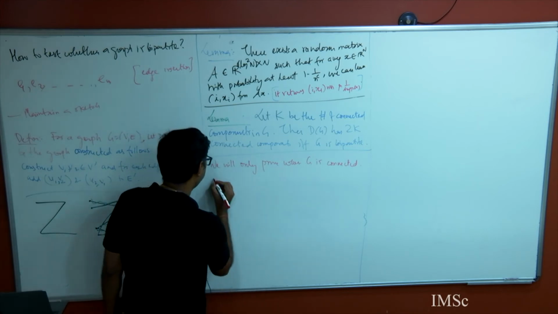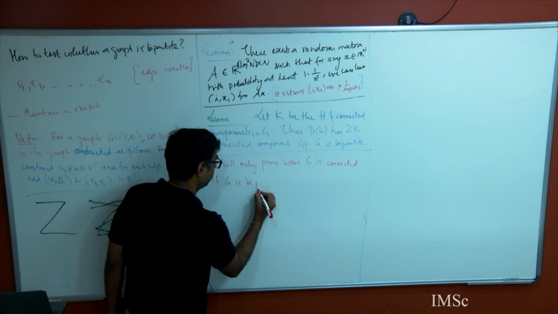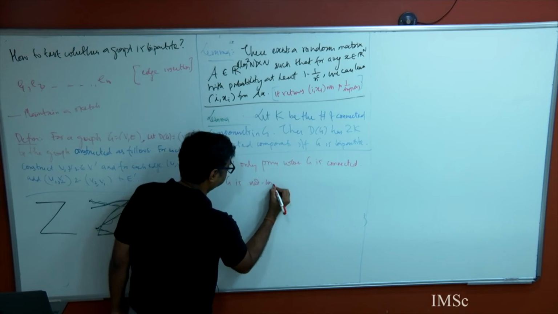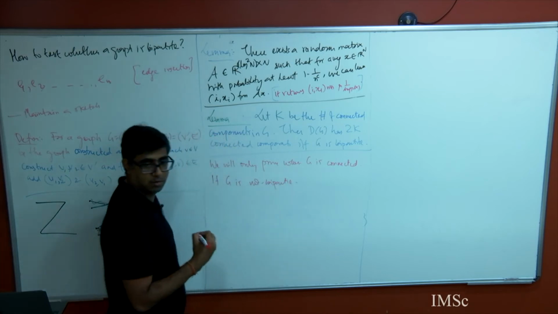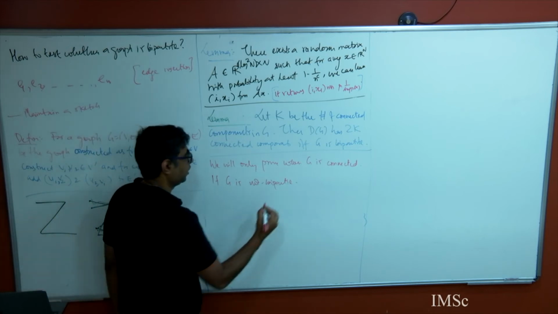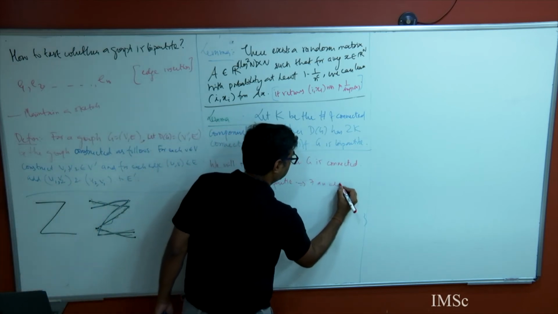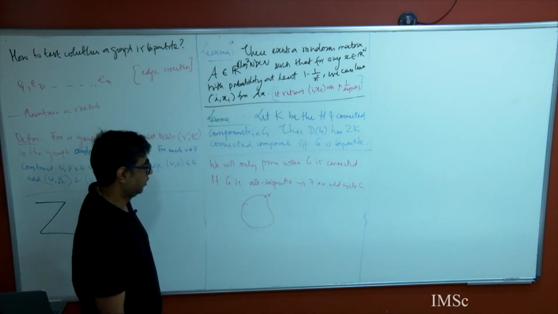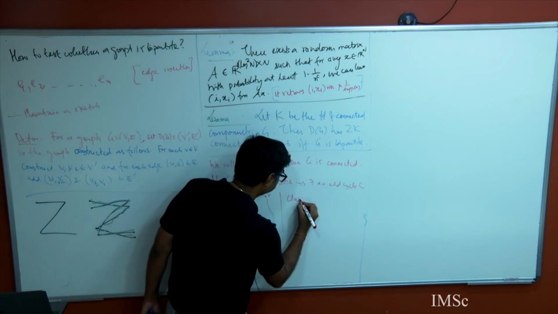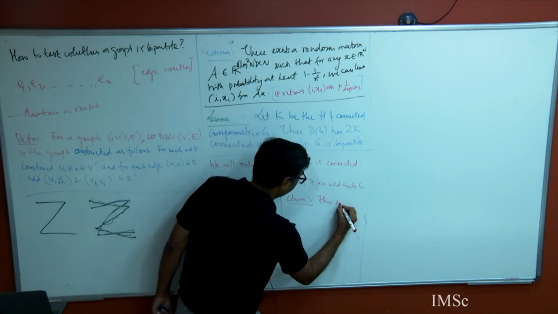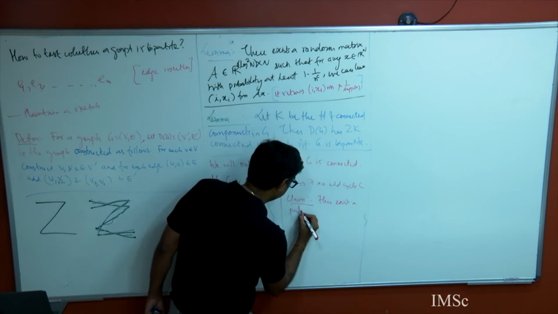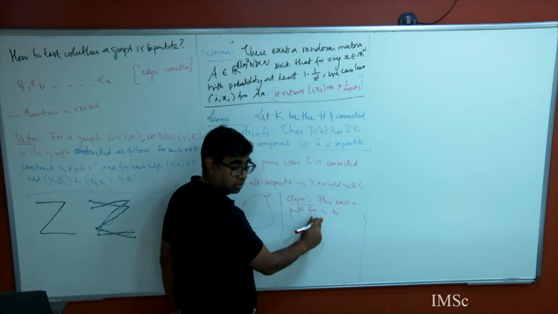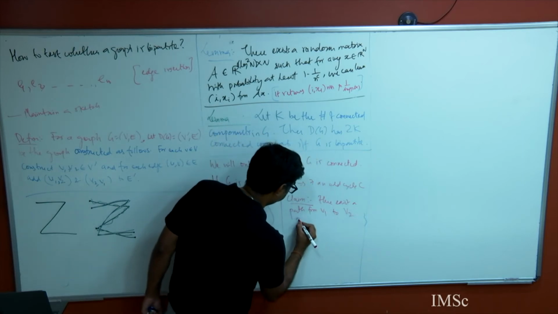Now notice, if G is not bipartite, this implies there exists an odd cycle, some cycle C. Okay, claim: there exists a path from V1 to V2 or vice versa.